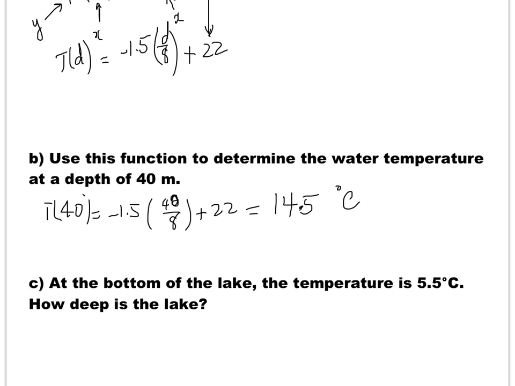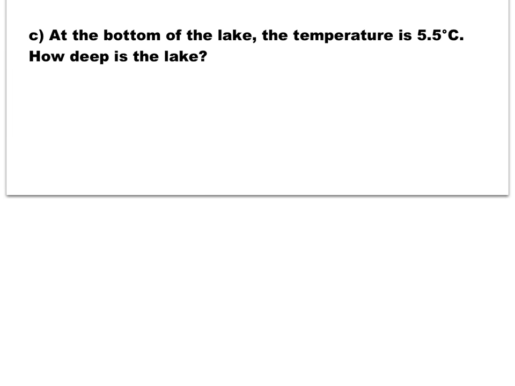The next part of the question says at the bottom of the lake, the temperature is 5.5. How deep is the lake? Remember, the equation in part A was T of d is 22 minus d over 8 times 1.5. We know at some depth the temperature is 5.5.